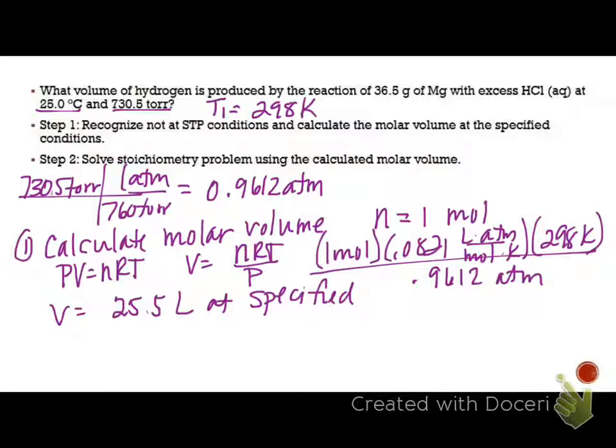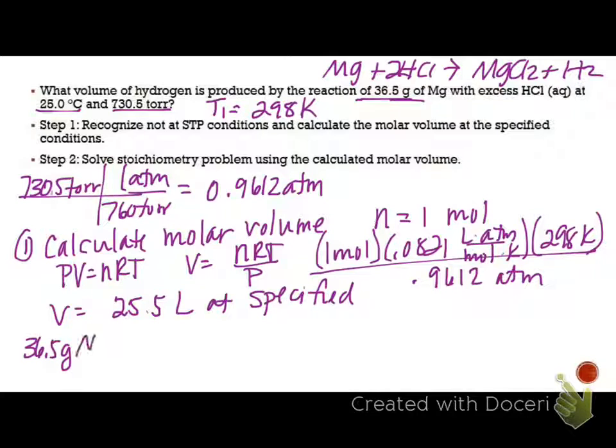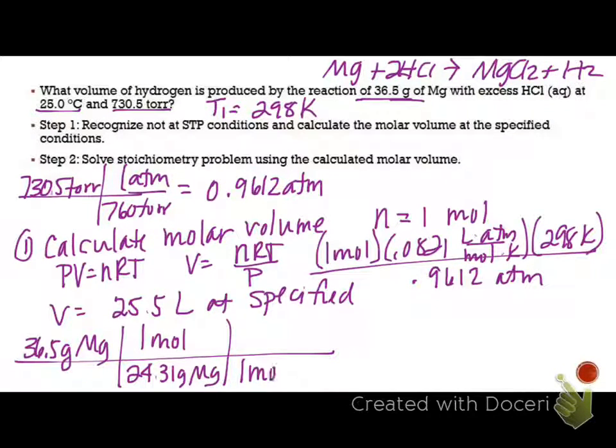So now, same problem, 36.5 grams, we have the same amount, so we still have that same equation we did earlier: magnesium plus 2 HCl yields magnesium chloride and hydrogen gas. Same equation, same amount we started with, but we're at different conditions. So we'd start with that 36.5 grams of magnesium, just like before. Then we're going to divide by the molar mass of magnesium. Same mole ratio, 1 mole of magnesium to 1 mole of hydrogen gas.